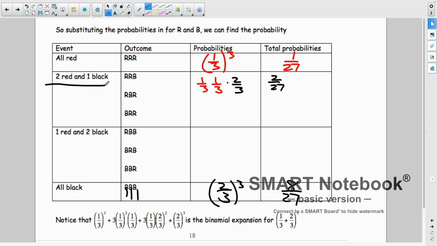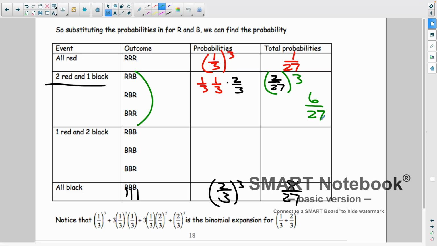You've got all these other ones right here, but all these have the same exact probability. So I can take this and multiply it by 3, the 3 different ways to get it. So this would be 6 27ths. Many people will give me 2 27ths for that answer, which means you've done almost everything right. You just didn't say that there were 3 different ways to get that.